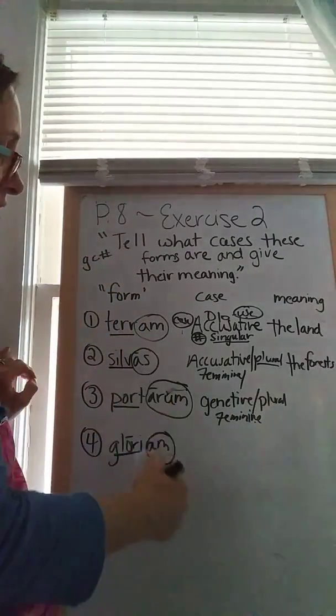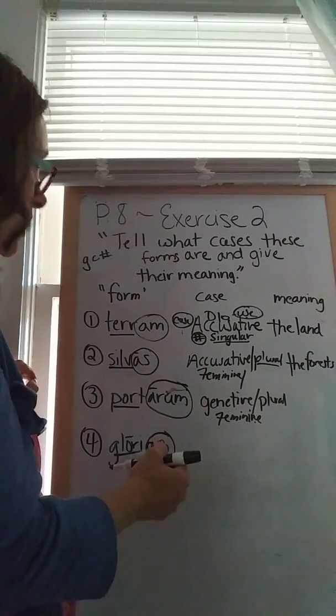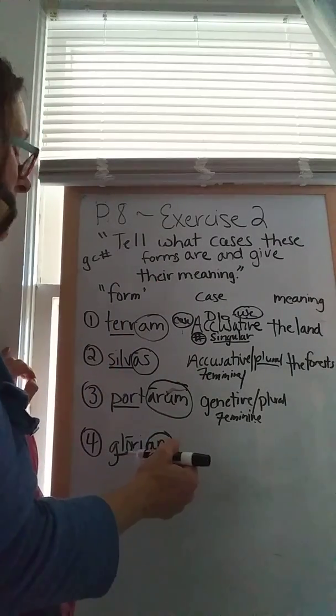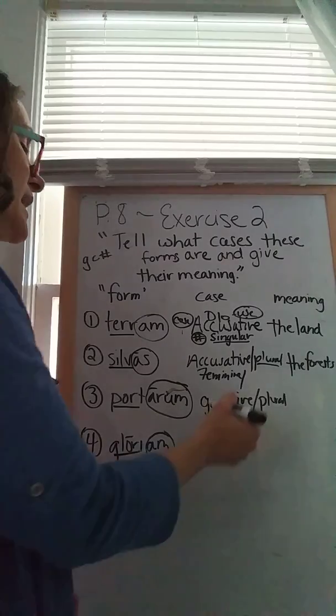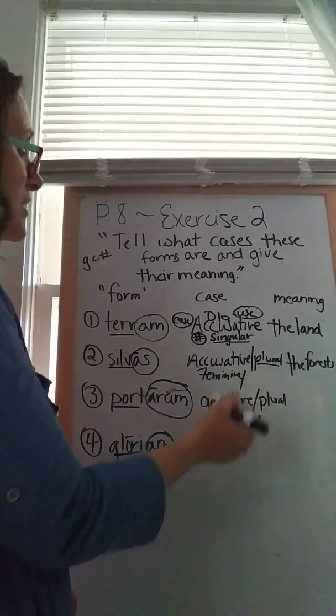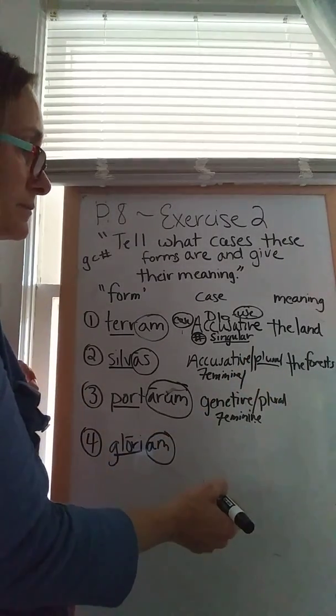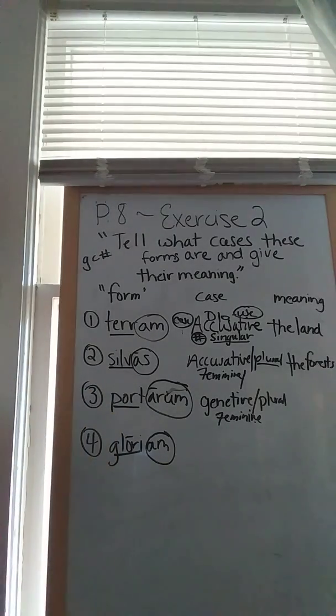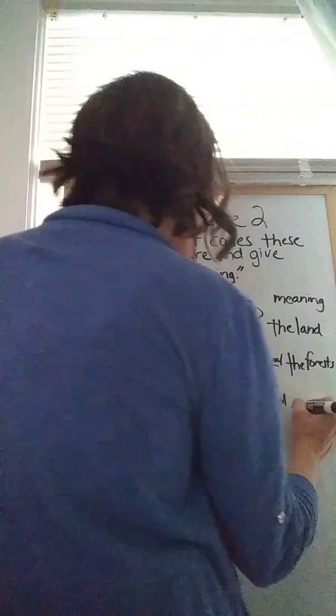So if I were to ask the students what is the gender, case, and number of this particular noun, they would tell me that the gender is feminine, the case is genitive, and the number is plural. And so the meaning of this word would be of the gates.